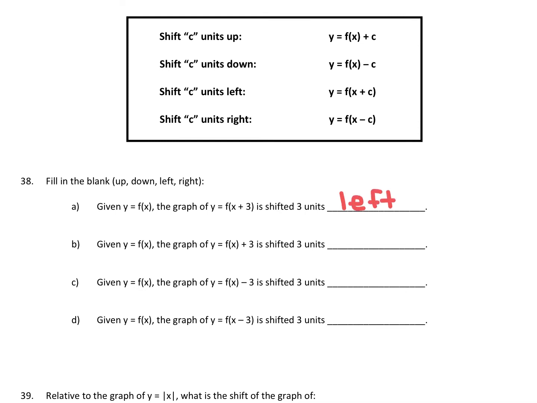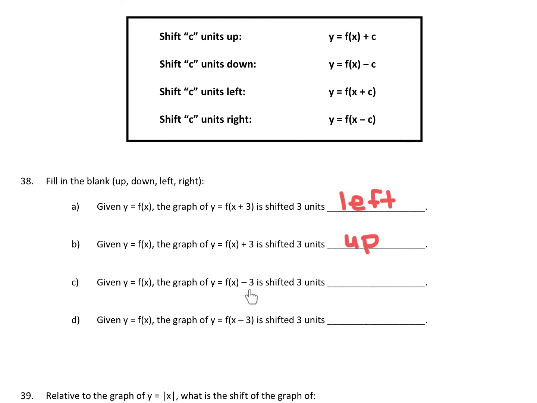Okay, letter B. When we look at this one, look at what they're doing. They're adding 3 to the end of the function. So if you're adding a number to the end of the function, like we did here, it's going to move it up. In letter C, we're subtracting a number from the end of a function.